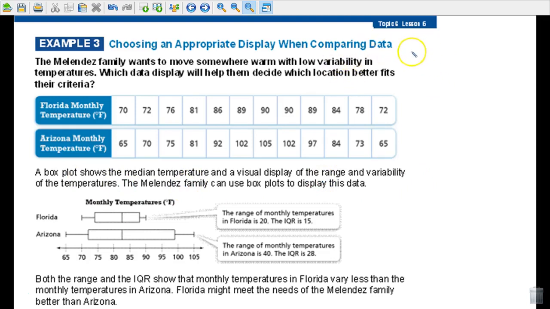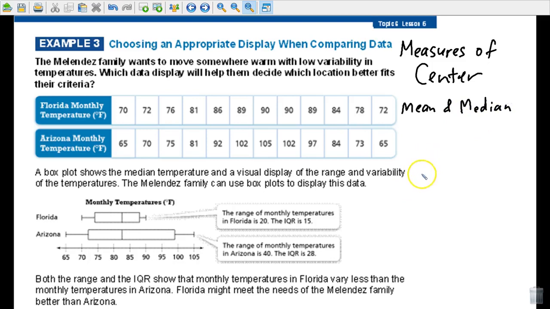I said this, this was maybe topic 6, lesson 3. We had the measures of center, which were mean and median.